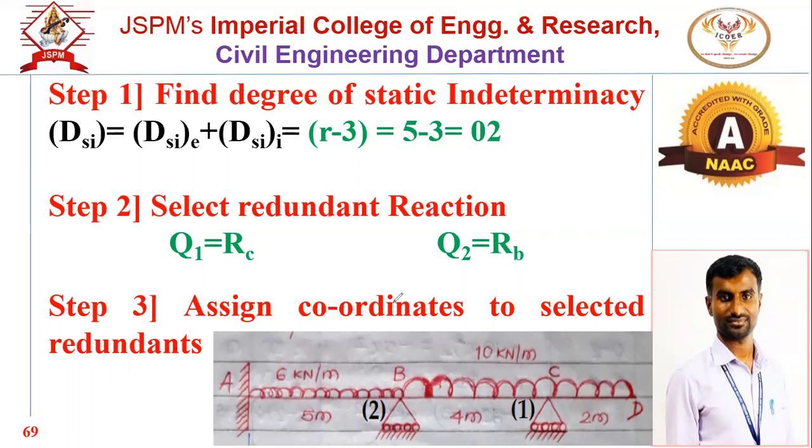Then the structure in the M diagram will be: option 1, simply supported beam; option 2, cantilever beam; option 3, overhanging beam; option D, none of the above. Cantilever beam.